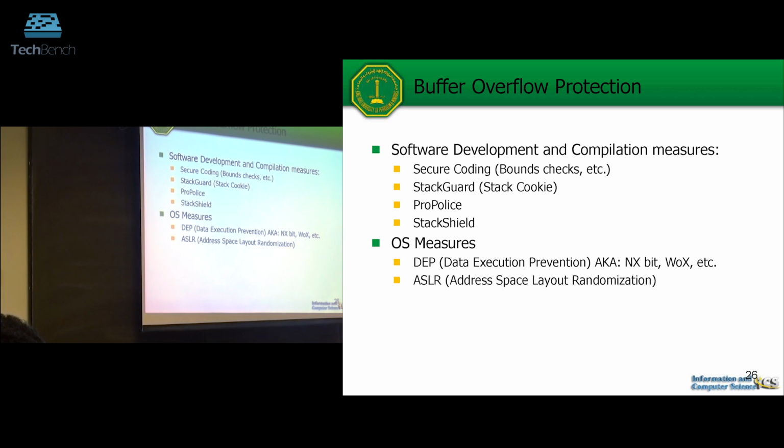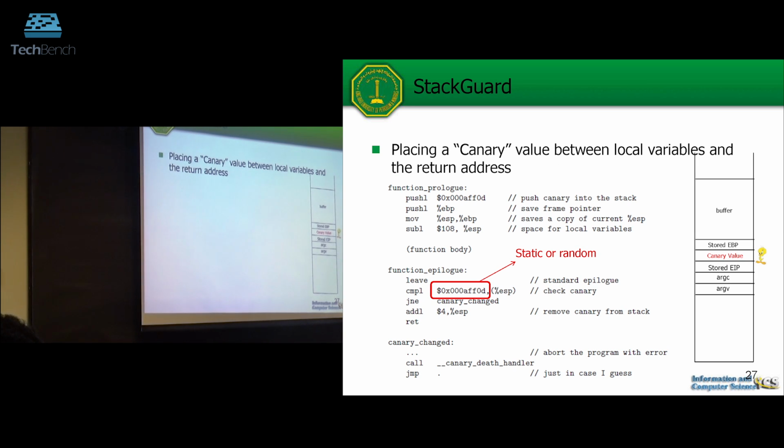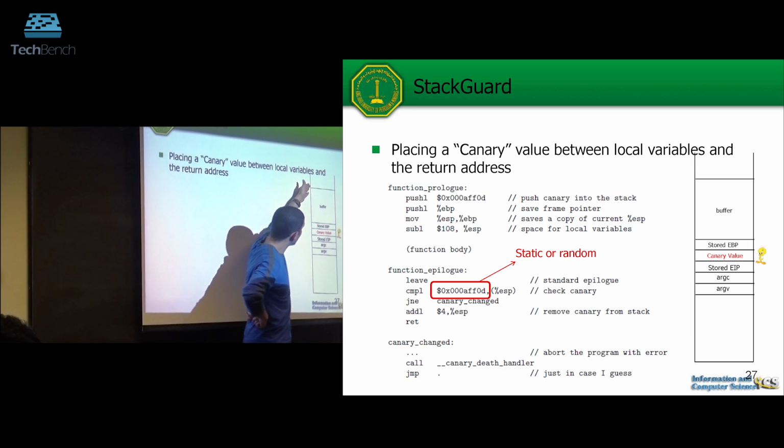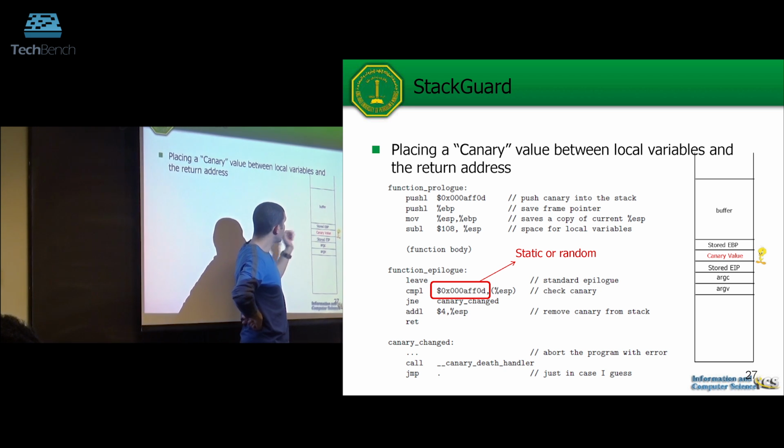Now I will go through these one by one: StackGuard, Propolice, and StackShield. So StackGuard places a canary value between local variables and the return address. The technique consists of the following: you have the stack. Normally you have the stored EIP and then the stored EBP.